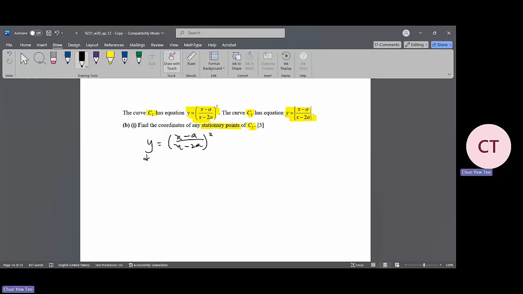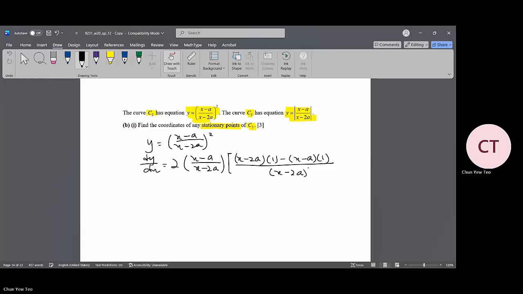Here we just apply the chain rule: dy/dx equals 2 times this, and for this one, keep the bottom, differentiate the top, minus keep the top, differentiate the bottom, divided by the bottom squared.